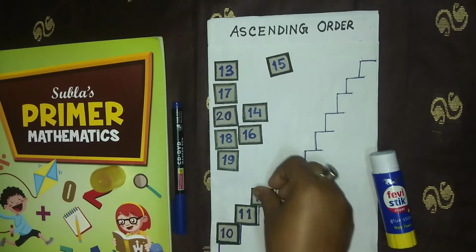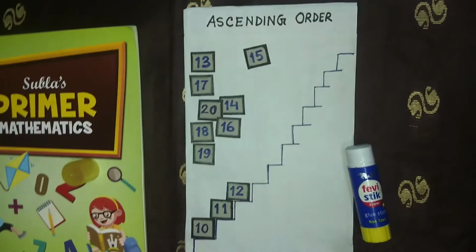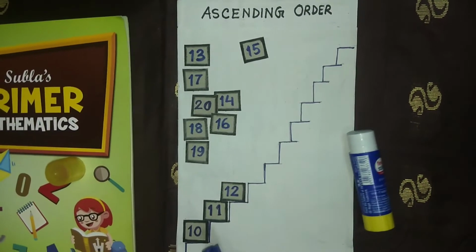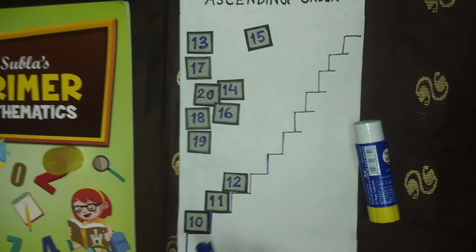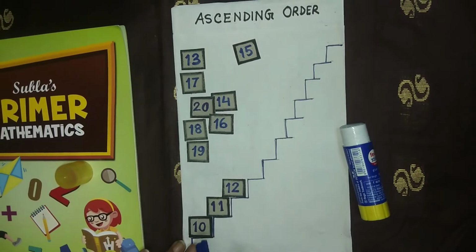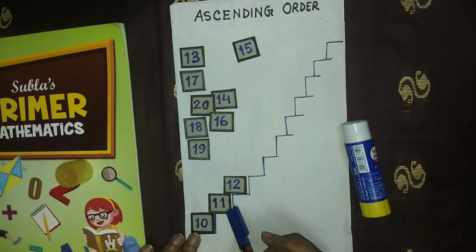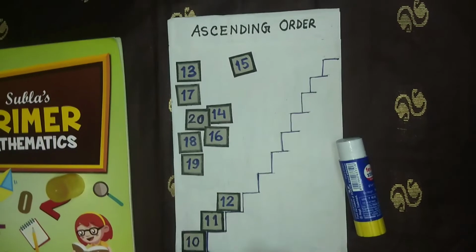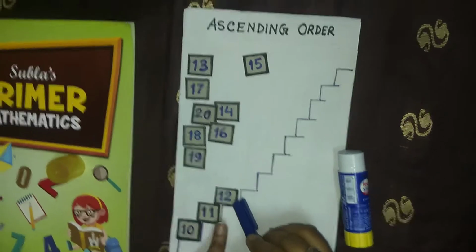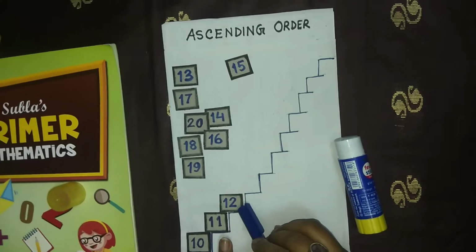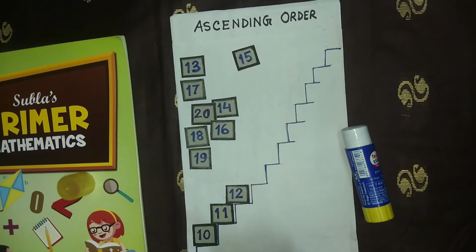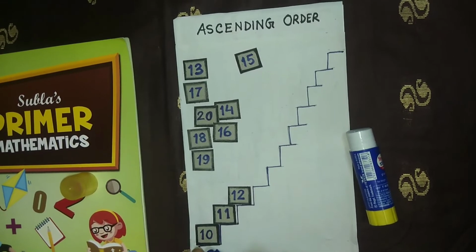Here you just see very carefully that I am pasting in this ascending way: 10, after that 11, after that 12. Here the biggest number is 12. 12 is bigger than 11 and also bigger than 10.